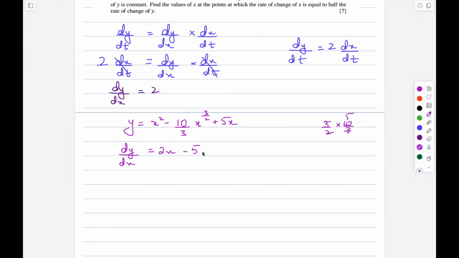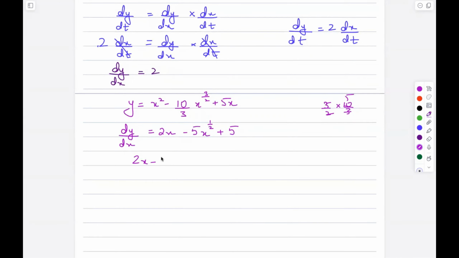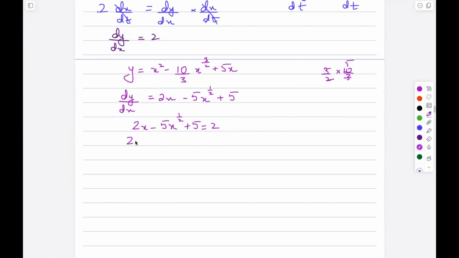So this will be minus 5x to the power, decreasing 3 upon 2 by 1, that will become 1 upon 2, plus 5x, so that will become plus 5. Now equating it to 2, we'll get 2x minus 5x to the power half plus 5 equals 2. Bringing 2 on the right hand side, we'll get 2x minus 5x to the power half plus 5 minus 2, which is equal to 3.